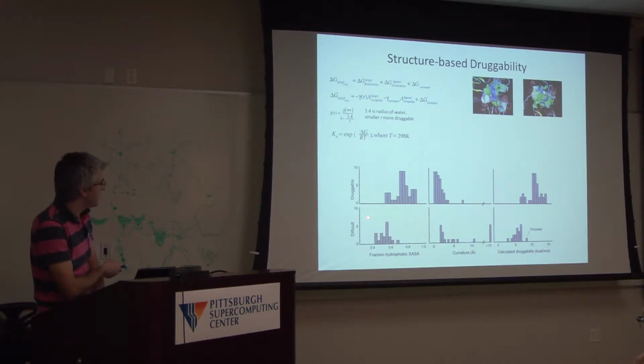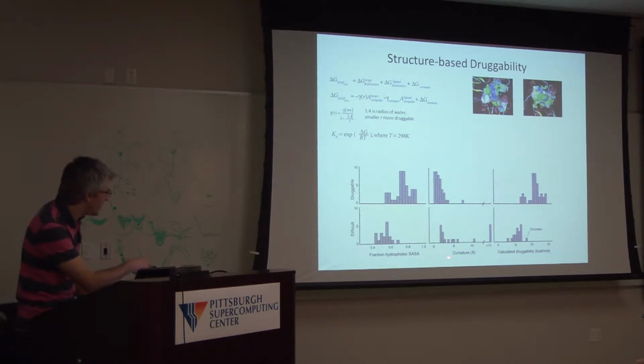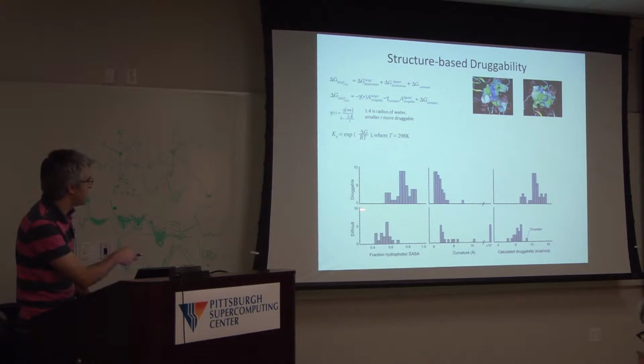Let's see, it's been a while since I looked at this graph. It shows the relation. Oh yeah, in this model they used a fraction of hydrophobic surface area and the curvature of the pocket, and the combination of these two. So the fraction of hydrophobic surface area is higher for druggable targets.